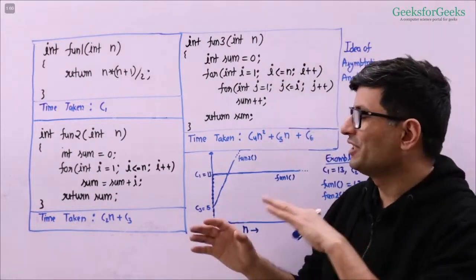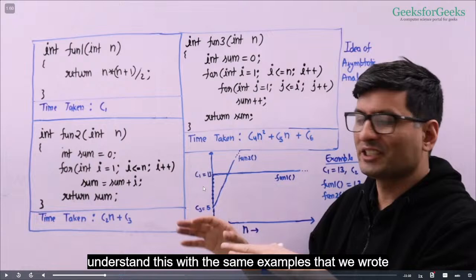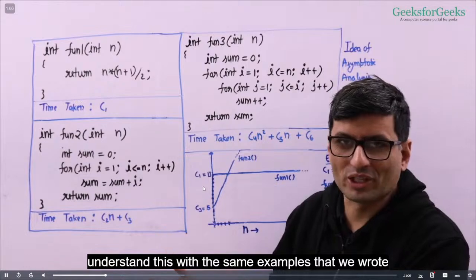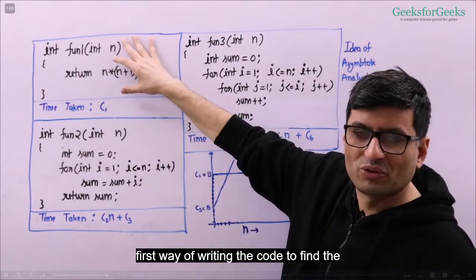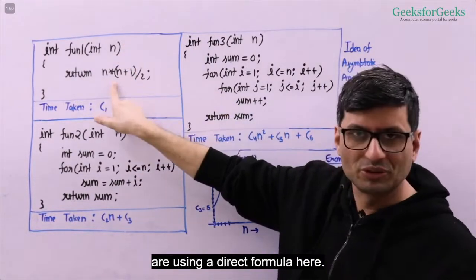So let's understand this with the same examples that we wrote earlier. This is the first way of writing the code to find the sum of first n natural numbers. We are using a direct formula here.